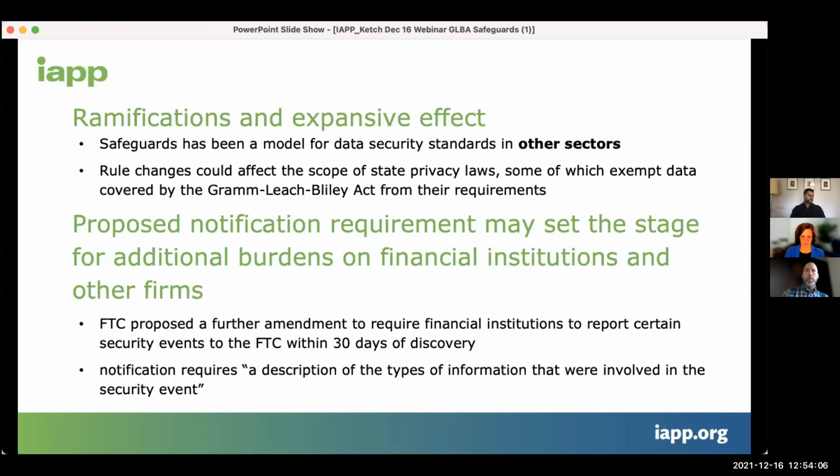And it certainly would be helpful to have this type of system inventory, this type of data map, if you are going to suffer one of these breaches and need to respond under this notification requirement. But this is what's sort of thrown in there on the side as an, oh, by the way, there's going to be a new notification requirement. Laura, anything scintillating about this notification requirement that I may have missed?